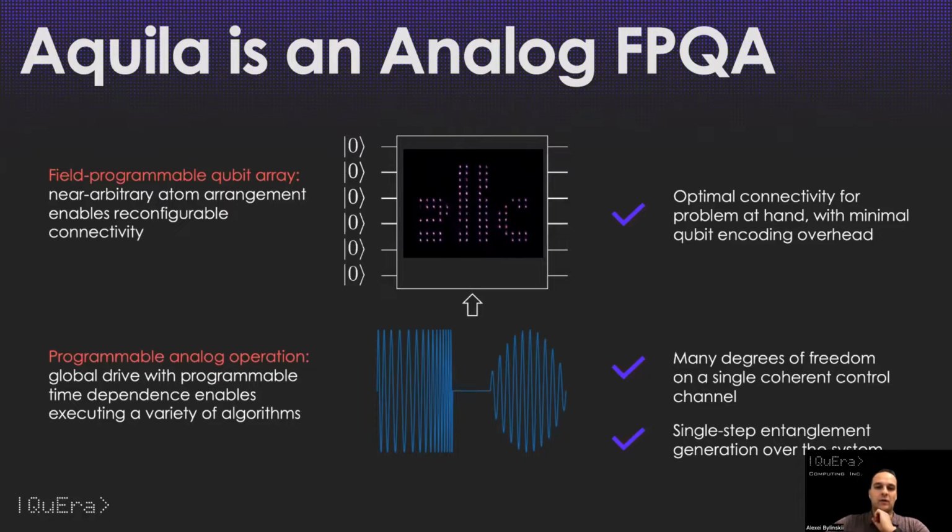While the level of control is a little bit different from controlling individual atoms, there are some advantages to having to control only a single coherent channel and doing single-step entanglement over the entire processor, as opposed to having deep circuits which compound errors through time, through the quantum evolution.